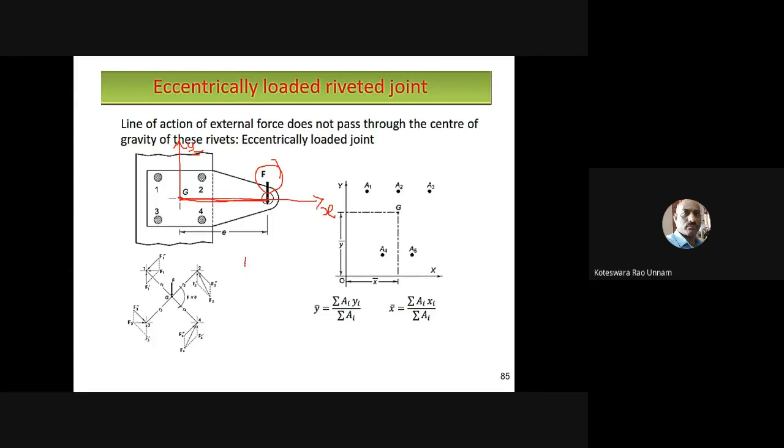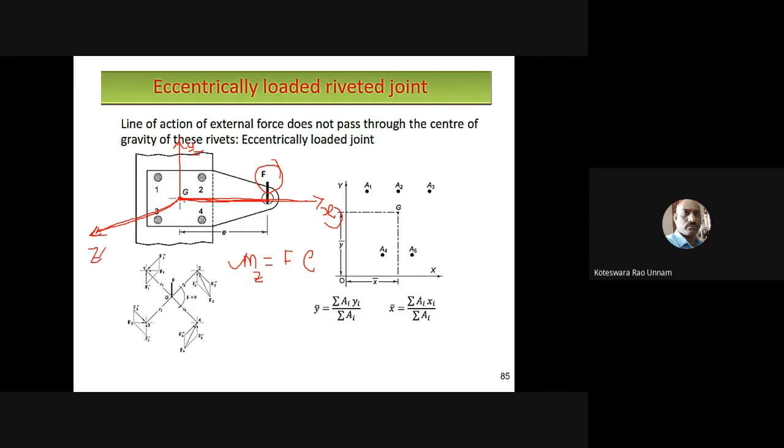So about which axis will the moment be created? The moment will be created about the z-axis. So Mz is nothing but F into E. The force is in the y direction and the distance is in the x direction, so obviously your moment is about the z-axis. Now if this is the x-axis and this is the y-axis, your z-axis is going to be perpendicular to this xy plane. That we know.